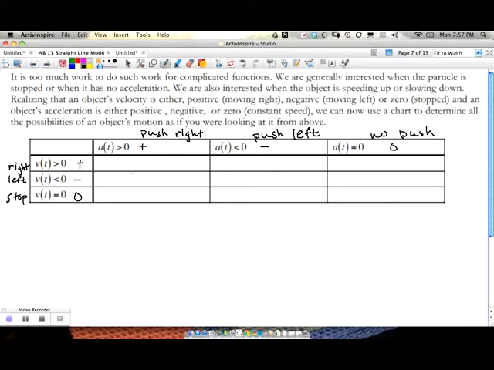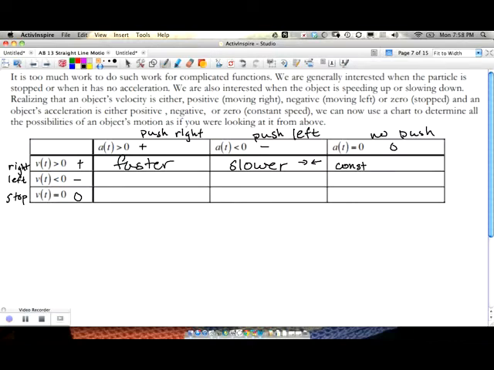We are pushing left, but moving right, that means we are going slower. It's slowing us down because it's opposing forces. One's going one way, the other one's going the other. If the acceleration is 0, in other words, there's no push, but we're moving right, it's just a constant speed, or constant velocity to the right.